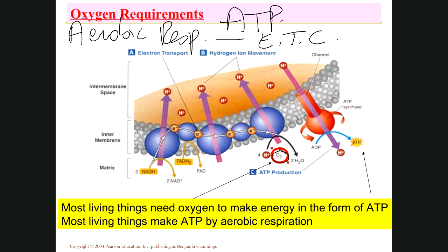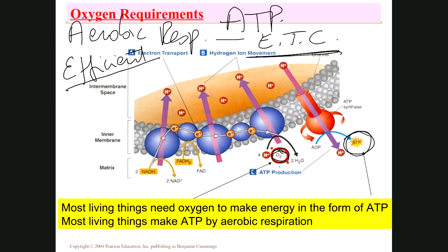We're going to review all these processes in chapter 6. But for now, oxygen is needed for the ETC to keep going and to be able to make tons of ATP. So aerobic respiration is a very efficient way of making energy, but it requires oxygen.